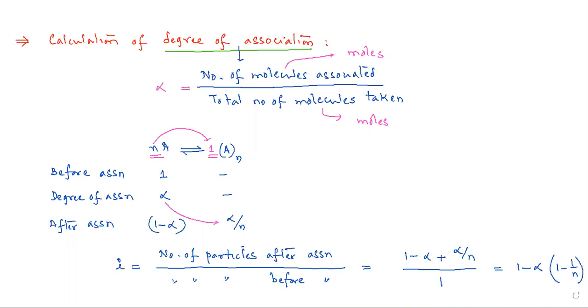Therefore i can be written as, of course, 1 minus alpha into 1 minus 1 by n. That's what we got.